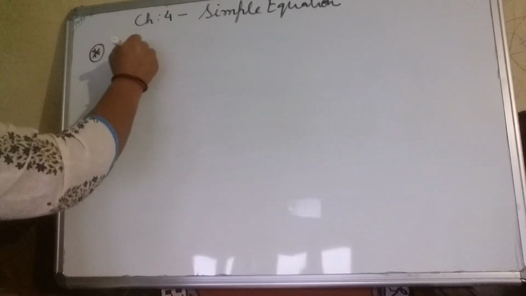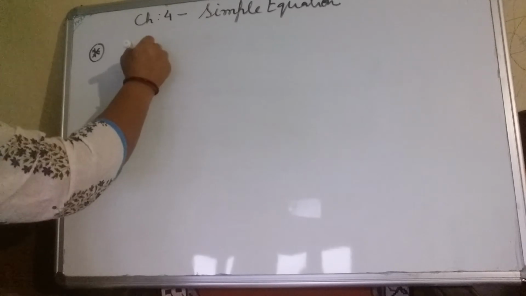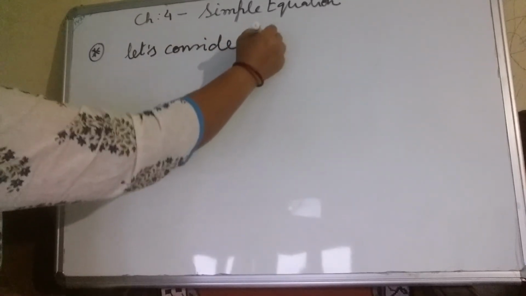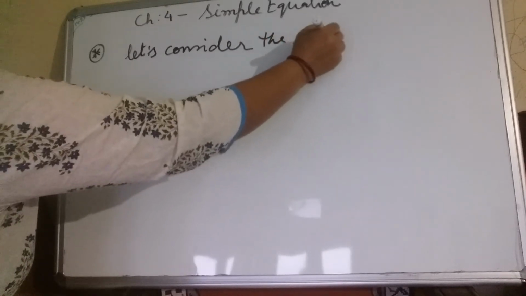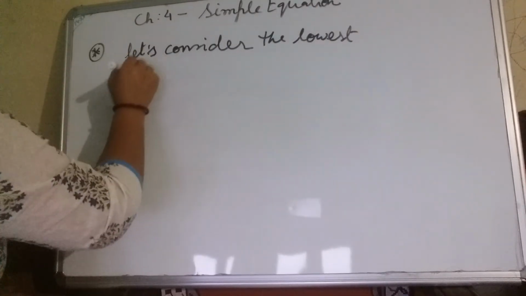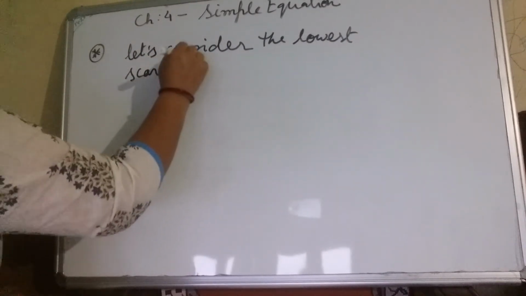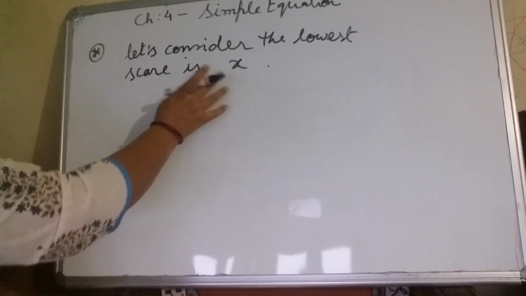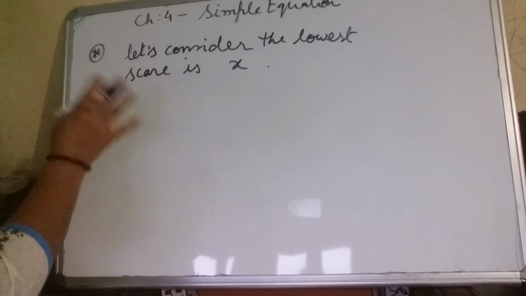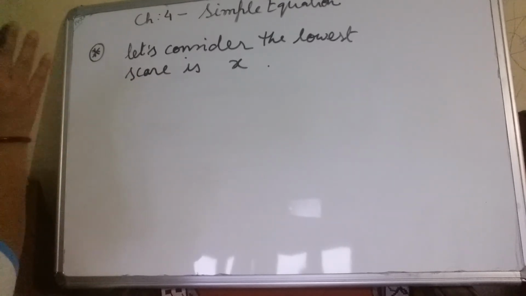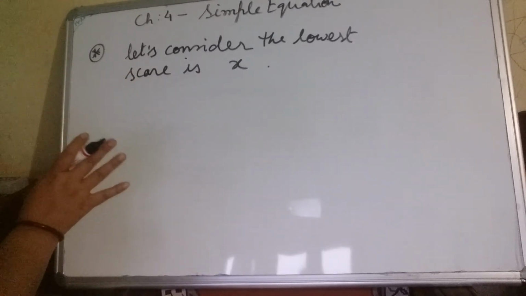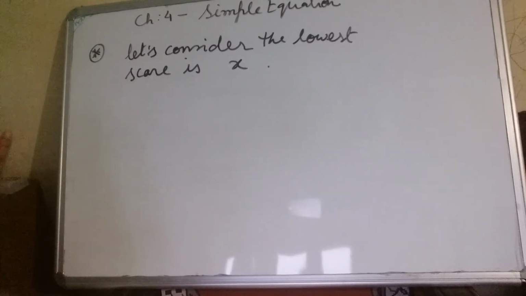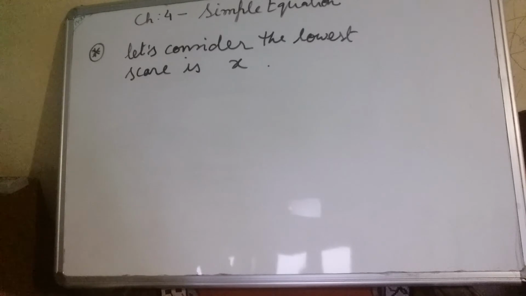So let's consider the lowest score is x. Then you have to form the expression or equation. That condition will be given, and according to that condition you have to form the equation. So what is the condition given?